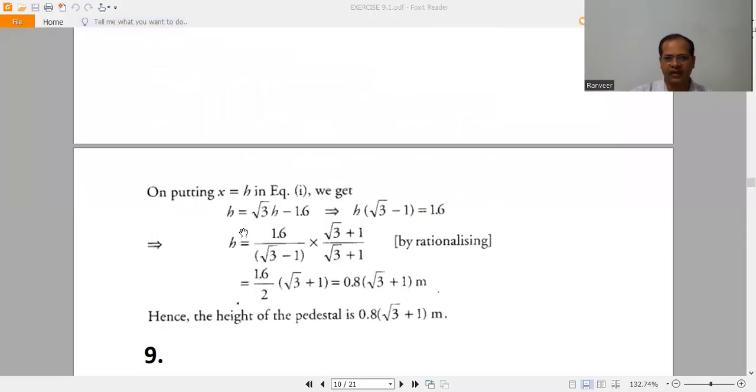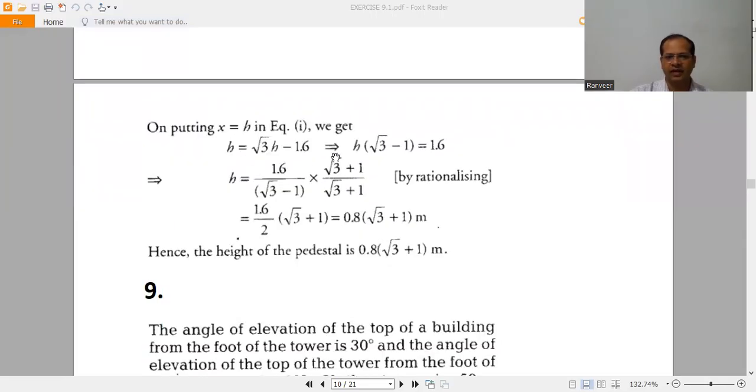After substituting the value, h equals 1.6 divided by root 3 minus 1, into root 3 plus 1 over root 3 plus 1. Just rationalizing the value, we got this answer.